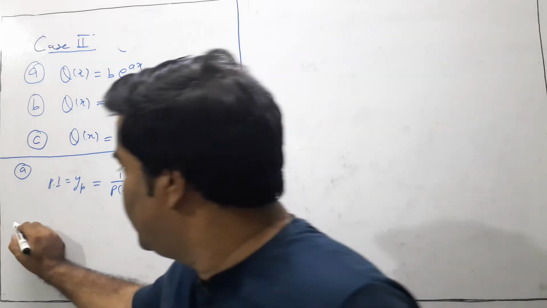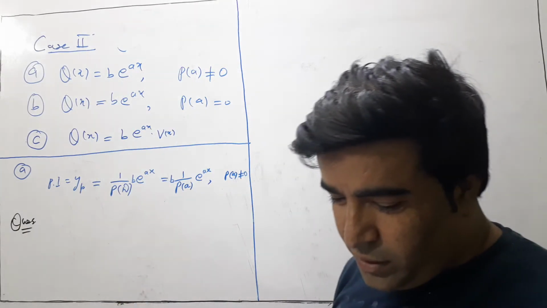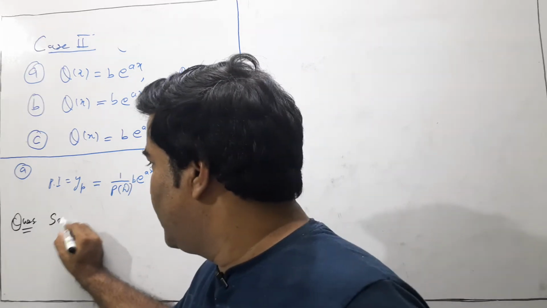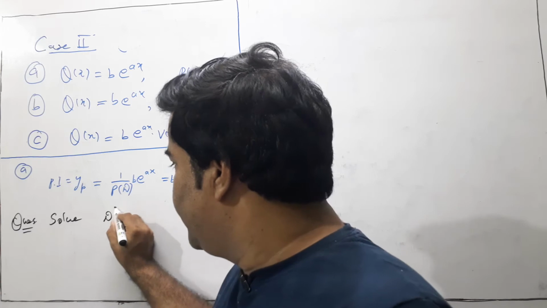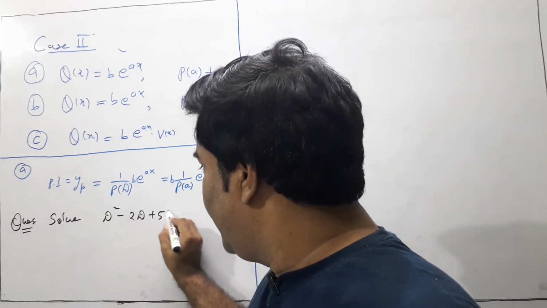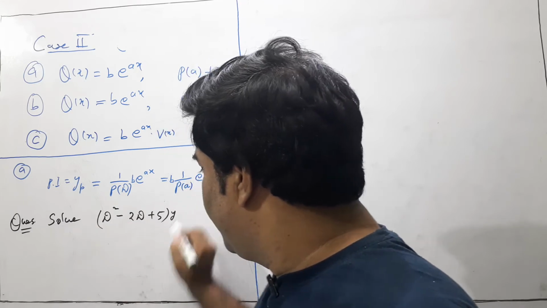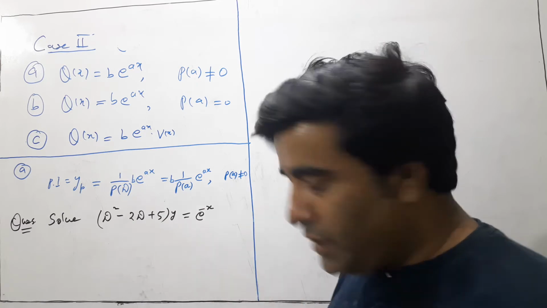Question: solve the differential equation (D square minus 2D plus 5)y is equal to e to the power minus x.